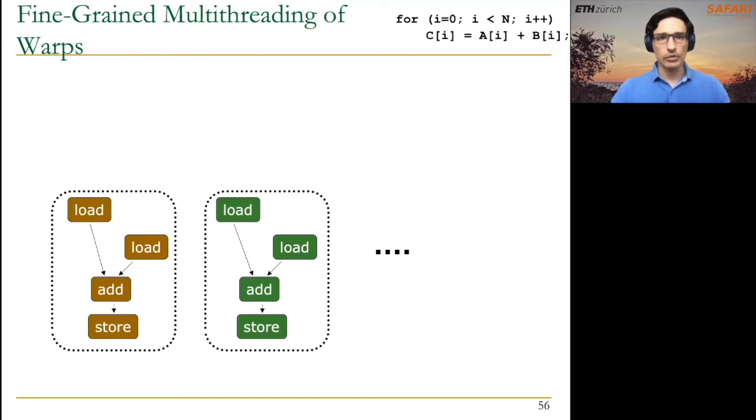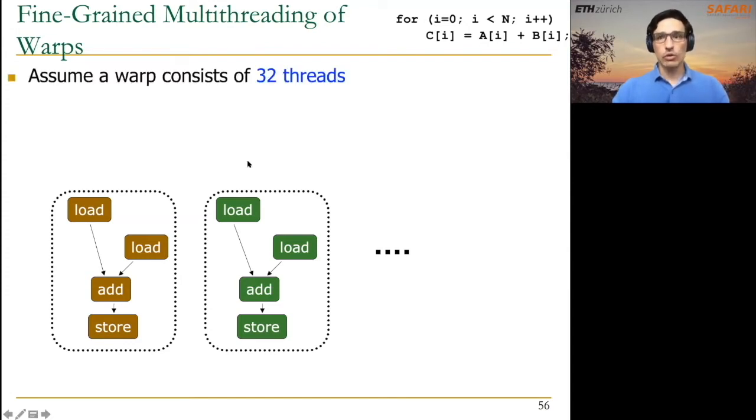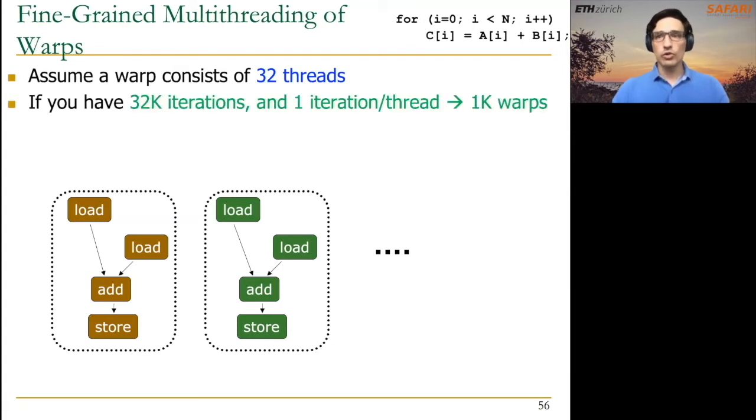executed onto the hardware. So first of all, we assume from now on that a warp consists of 32 threads. So for example, recall this vector addition code that we are using as a running example throughout the previous lecture and this lecture. Imagine that this N is 32K iterations, and we assign 1 iteration per thread.